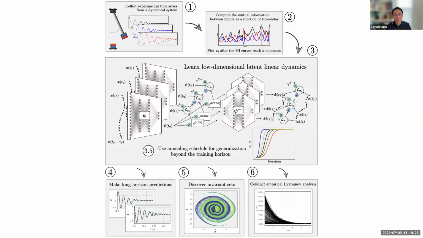With that, you can do long-term predictions, as we're showing here. You can discover the invariant sets of the systems from very complex nonlinear dynamics. And this is a Nobel Prize winner's discovered neuroscience model, where we can, for the first time, show there is an empirical Lyapunov analysis we can do to show the stability of the system. All of this knowledge can be discovered by having a reduced dimension on the linearized form of the system.